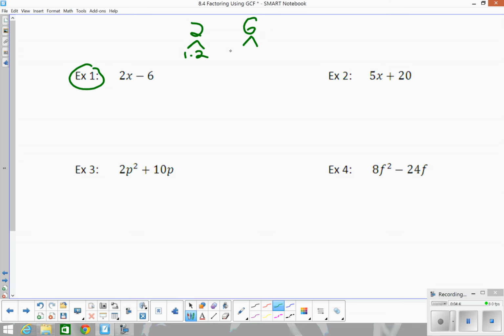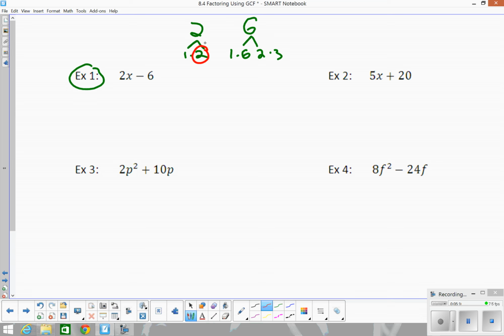Well, I know 1 times 6, right? I know 2 times 3, right? I think those are pretty much the only factors of 6. You know, 3 times 2 is the same thing as 2 times 3. 6 times 1 is the same thing as 1 times 6. So now what is the greatest number that they have in common?